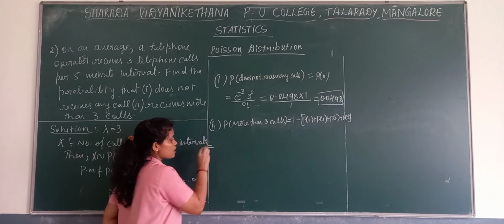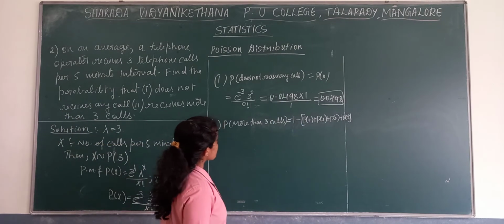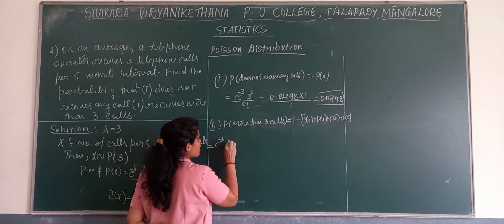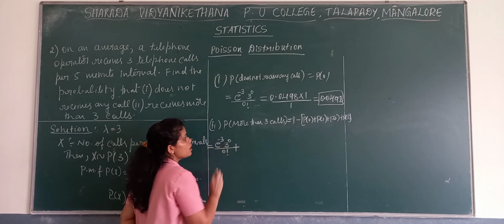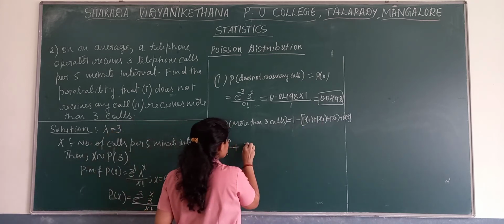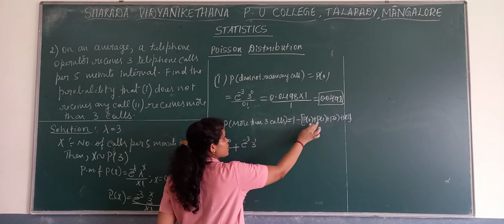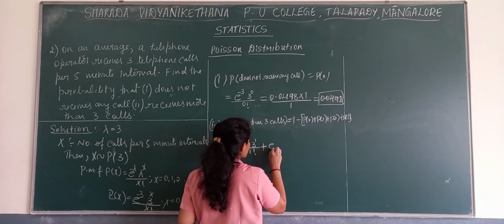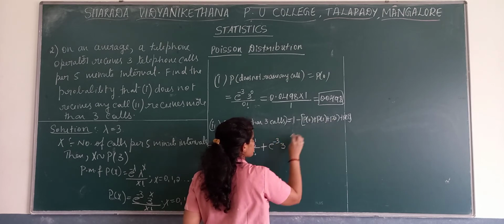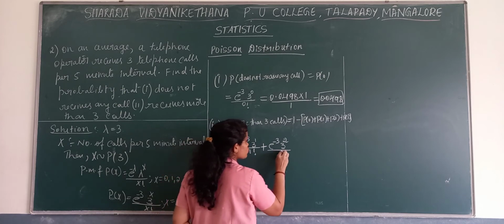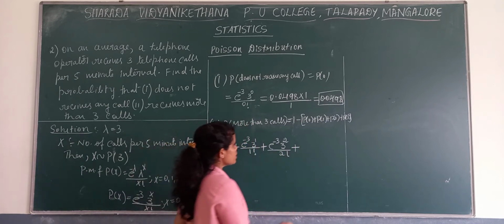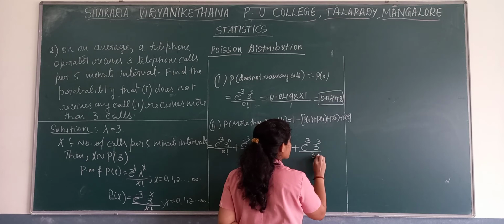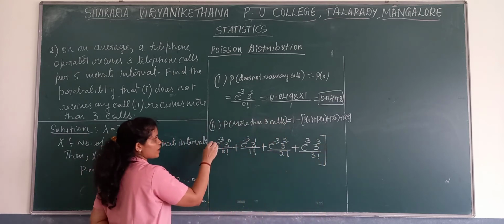Now take the formula. First one as it is, we get e to the power minus 3, 3 to the power x, where x is 0, divided by 0 factorial, plus e to the power minus 3, 3 to the power 1 divided by 1 factorial, plus e to the power minus 3, 3 to the power 2 divided by 2 factorial, plus e to the power minus 3, 3 to the power 3 divided by 3 factorial.